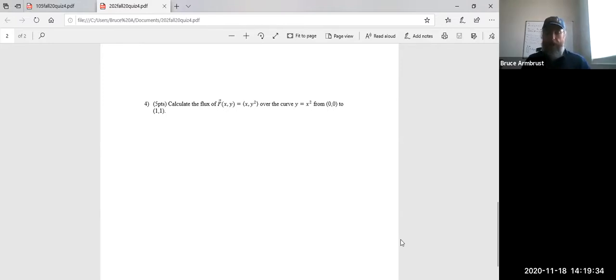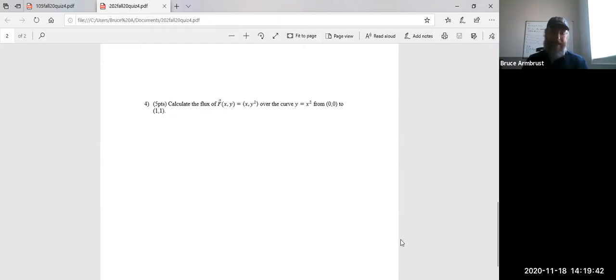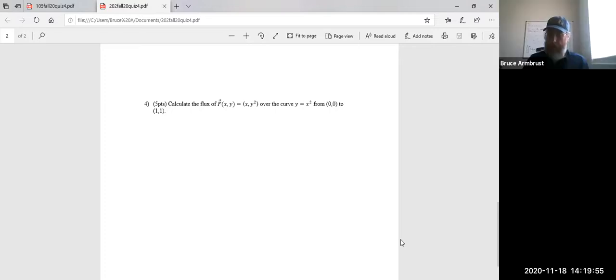Okay, so how are we going to do flux? F dotted with little n. Okay, so we're going to do f dotted with little n. All right, so how do we get little n? Find r prime, and then switch the coordinates and make one of them negative. Okay, good.